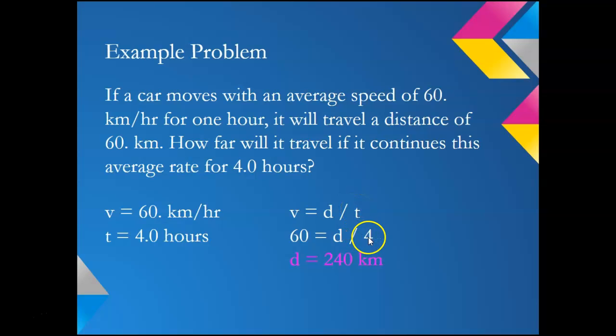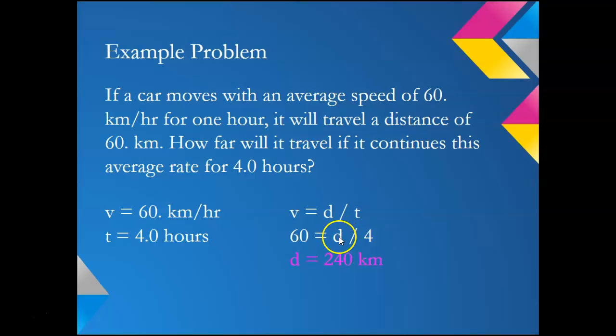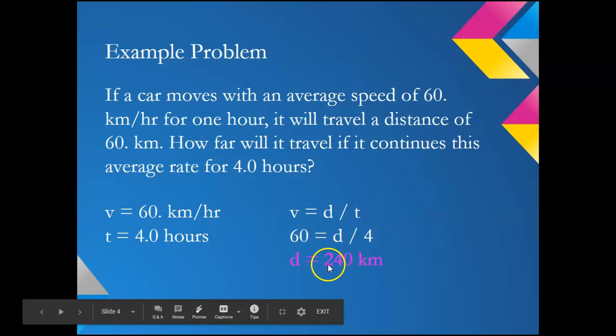By multiplying 4 times 60, you get d, distance on its own in the equation, and a total distance of 240 kilometers.